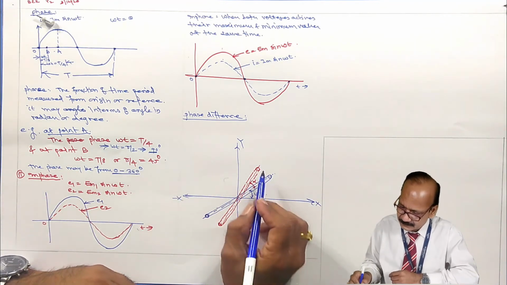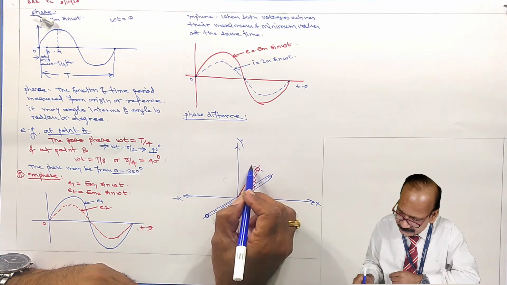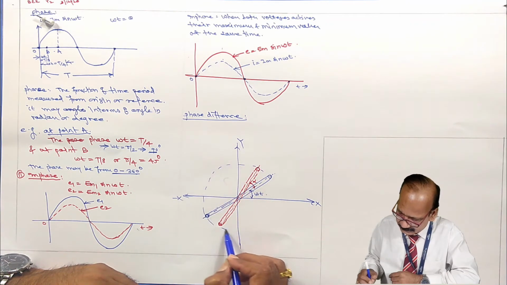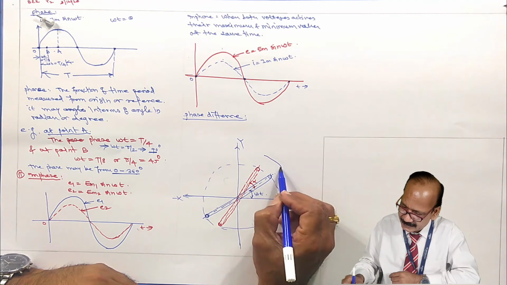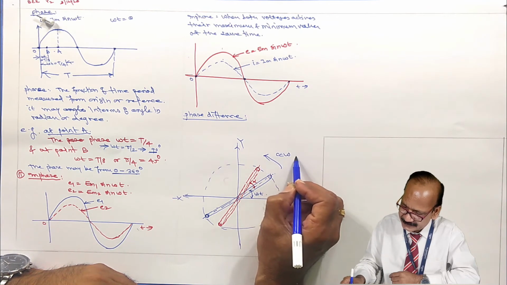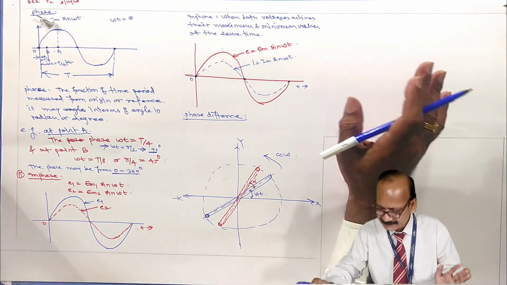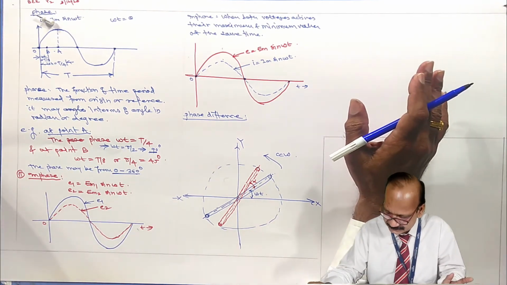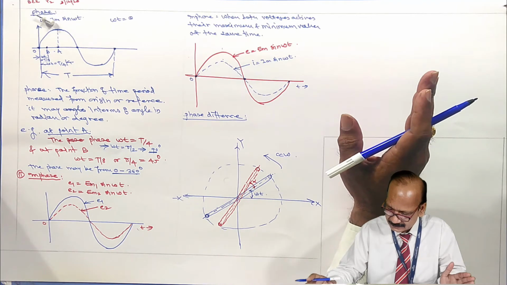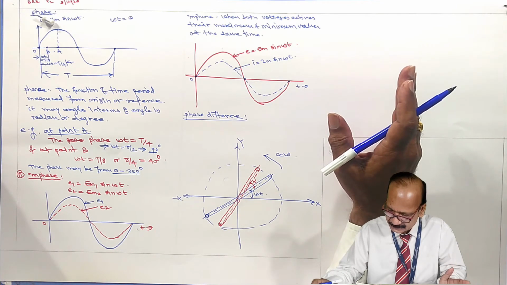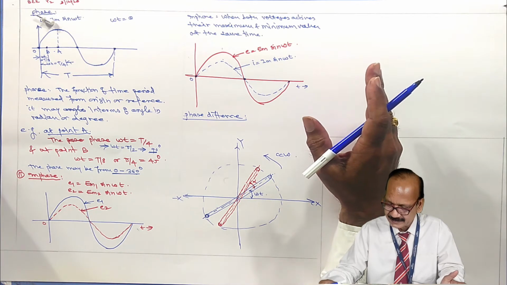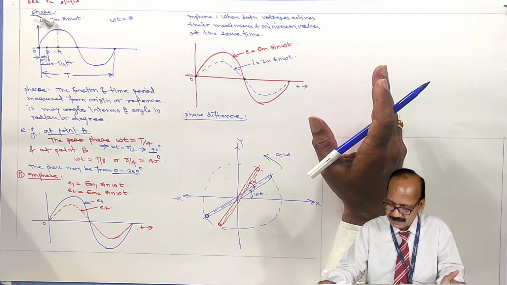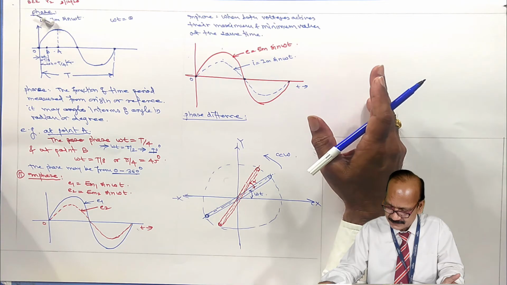Now say both the coils are rotating in counterclockwise direction. Both the coils have the same number of turns, same size, and are placed in a uniform magnetic field, rotating in counterclockwise direction at the same speed.